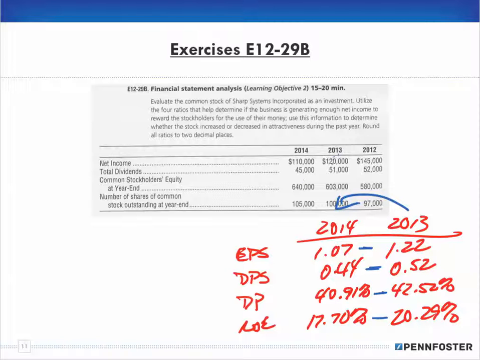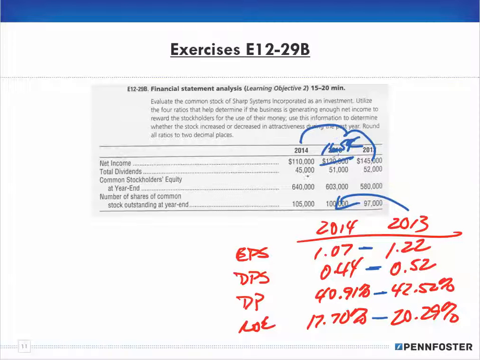But what if, say here in 2013, instead of having a decrease of 120,000, let's say this went up to 165,000. Okay, right? What you have is an increase, and then you have a decrease in your net income. Well, you would have to look at those individual ratios and understand the effects in order to be able to answer that question.